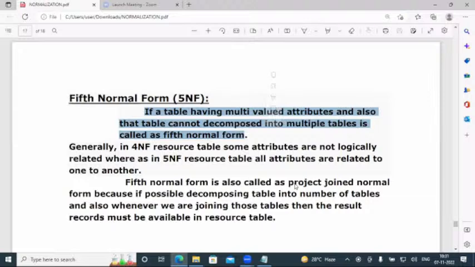If you read this definition, it's quite opposite of fourth normal form. Fourth normal form tells us that if you have multi-valued independent columns in your table, then you need to separate. That is called fourth normal form. Fifth normal form says don't separate, keep as is. That's called fifth.